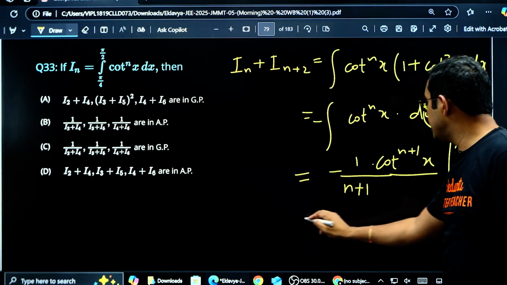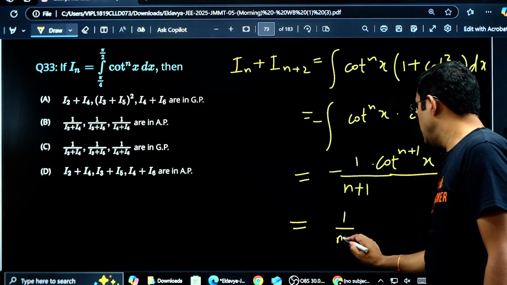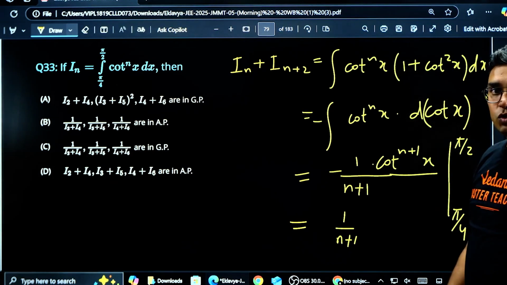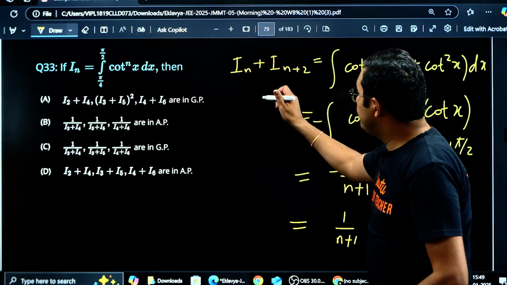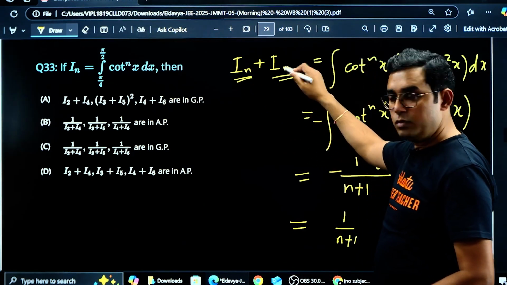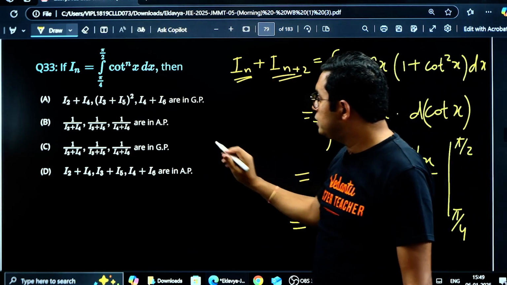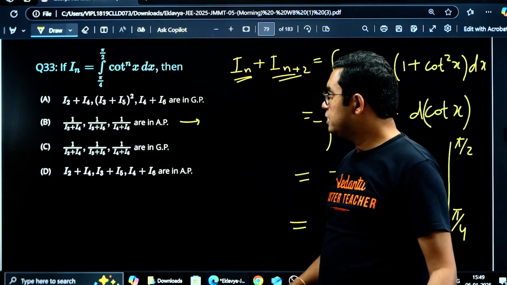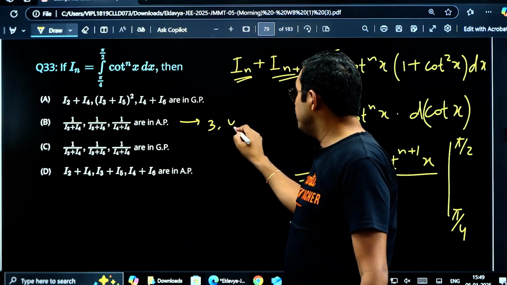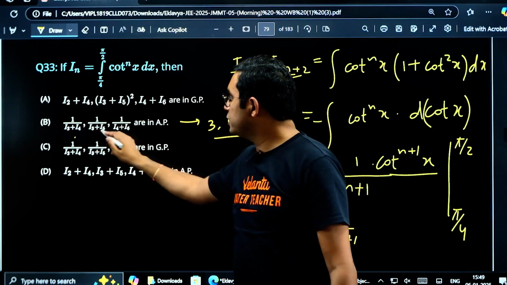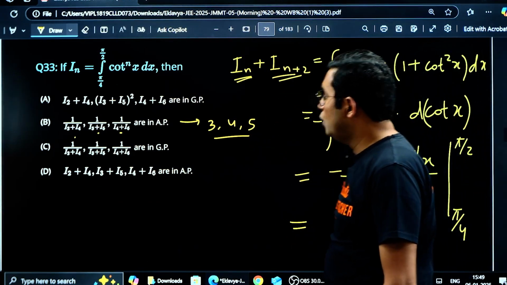For pi by 2, cot becomes 0, the lower limit has a minus sign, so it will become minus minus plus, so it becomes 1 upon n plus 1. So I_n plus I_(n+2) is 1 upon n plus 1, which means if you take terms with a difference of 2, like n and n plus 2, you are getting 1 upon the mean value of this thing. So I think it is very easy to say this will be the answer, because reciprocal also we have to take, I think first term will be 3, then 4, then 5. These numbers are actually 3, 4, 5, which is an AP. GP and these AP, they all are wrong, I think.